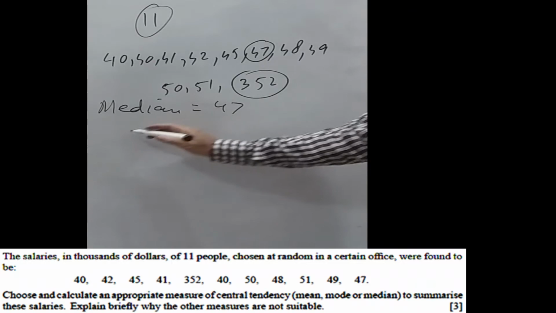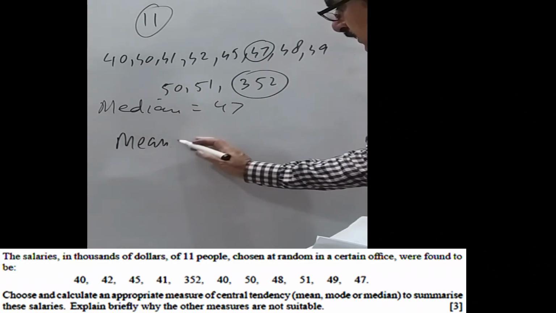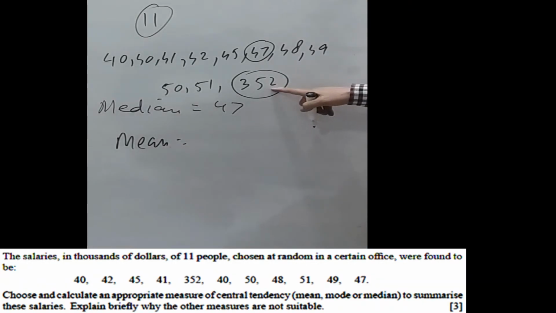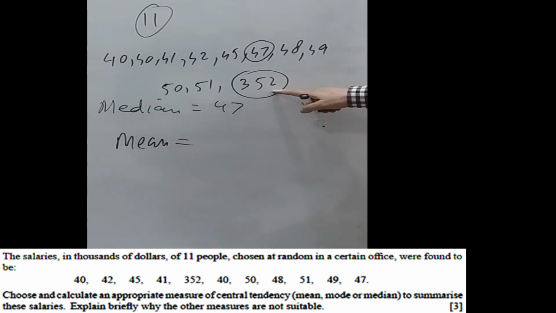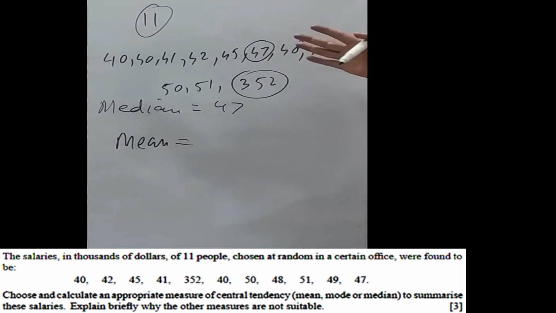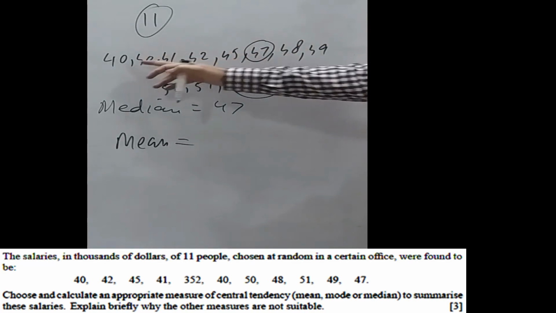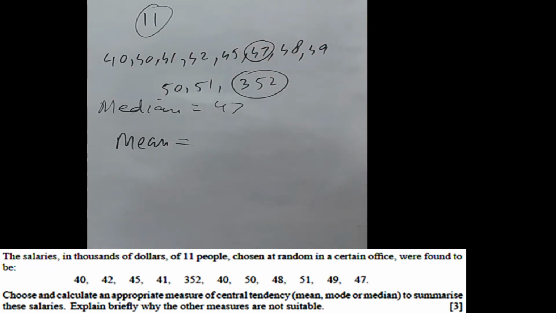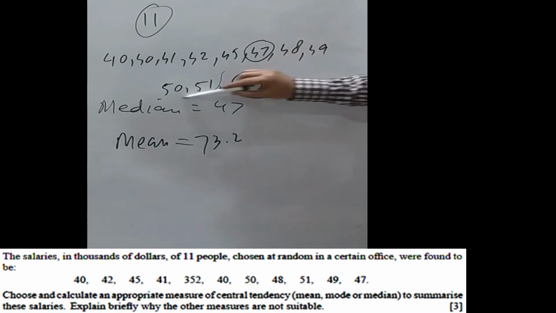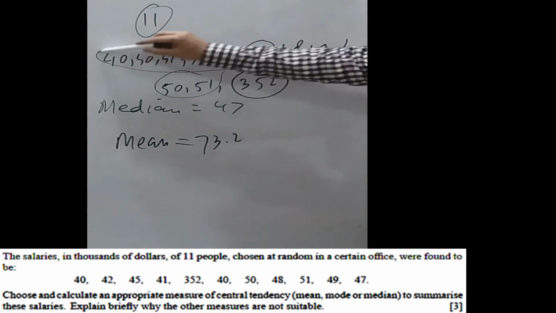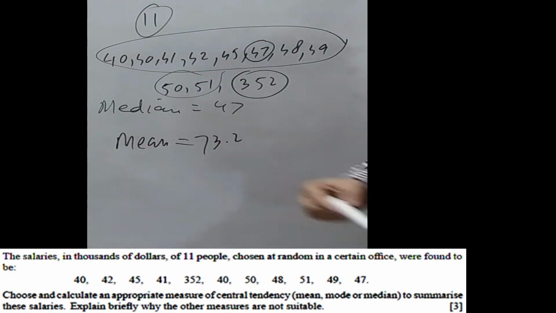Now see that if you find the mean, the mean is affected by this value. Due to this value, the mean is away from these values, very different from them. I have calculated it. The mean is 73.2. All these values from here to here are smaller than 73.2.